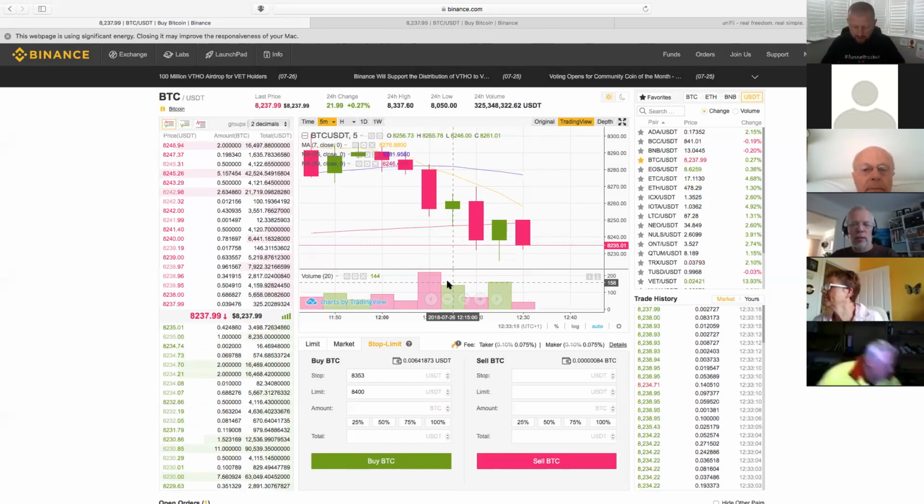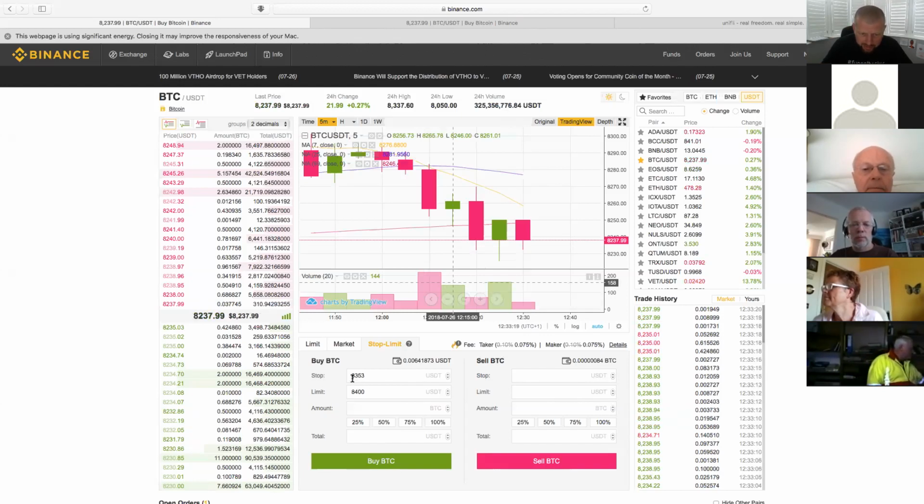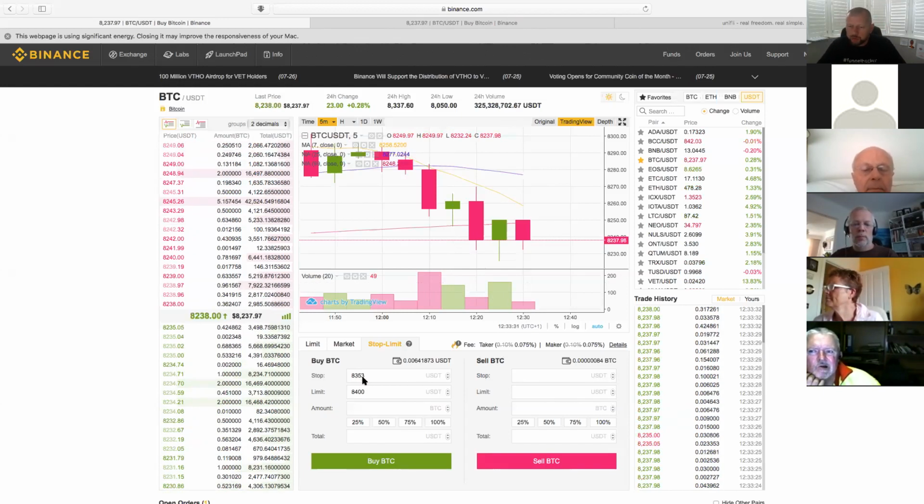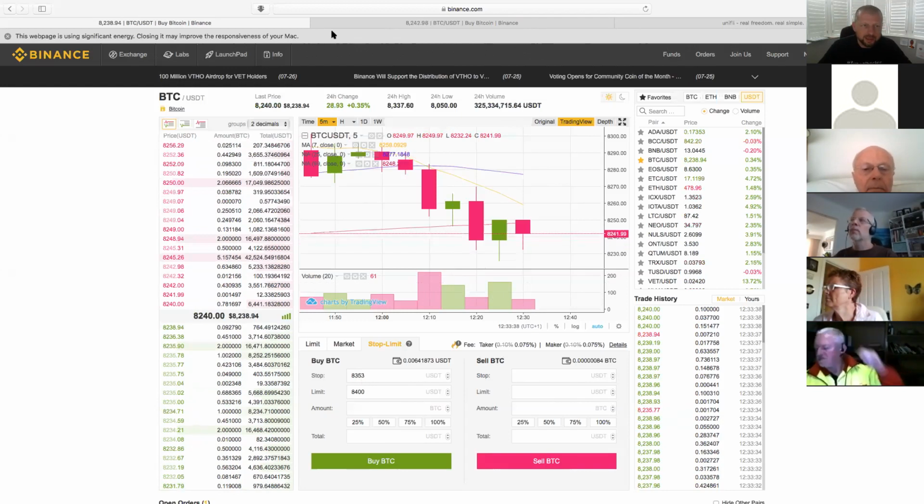To be honest with you, I've used this stop here of 83.53. I've based it on support lines and resistance lines. But the general rule that we're teaching people is between 2% and possibly 3%. So we've got to allow the market to move, because what we don't want is this.